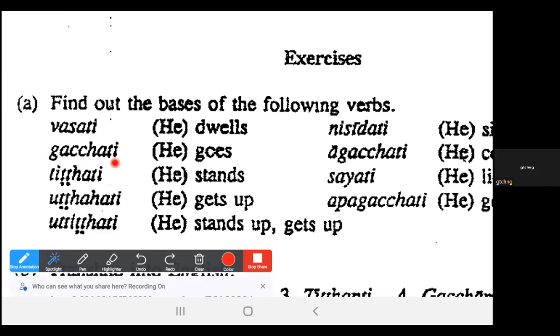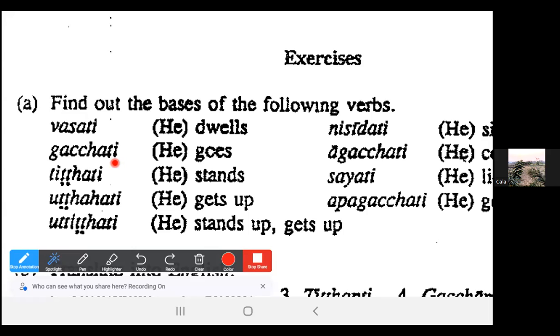Now, if I want to change it to I go, how do you translate it? Gacchami. Correct. When you have mi and ma, you must put the long vowel. So gacchami. How do we say we go? Gacchama.